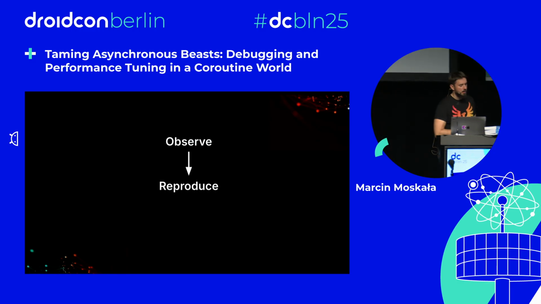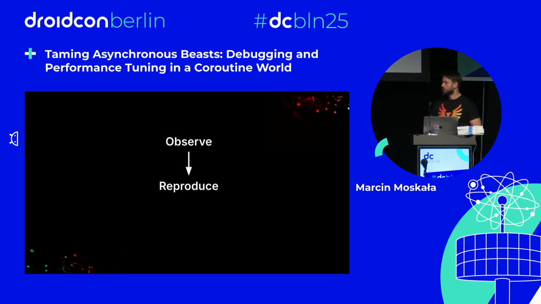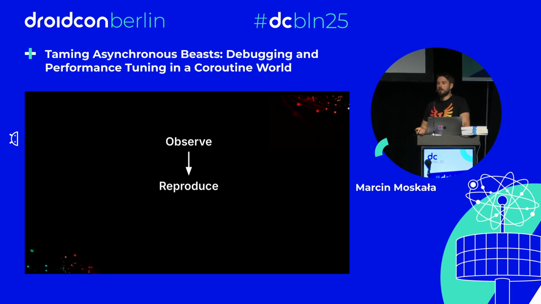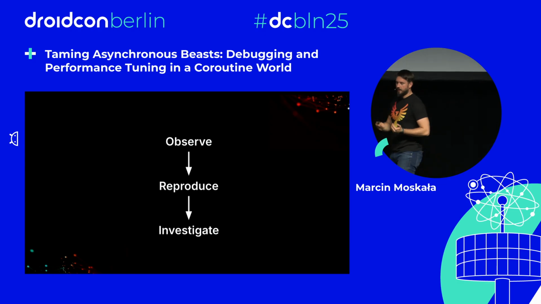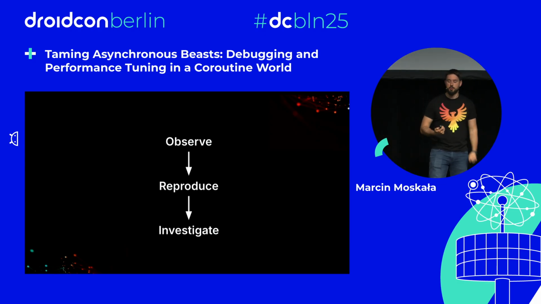Sometimes it is easier if we have an issue in our domain layer. We can just write a unit test and reproduce it locally. Nevertheless, it's a good practice to reproduce it. And when we can reproduce it, that's the point where we can open our debugger and finally investigate this issue.